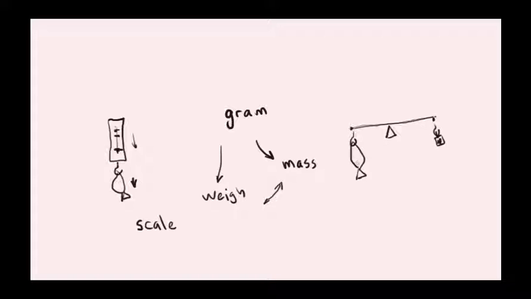You're going to say, well, the mass of the fish is exactly equal to the mass of the weight I have on the other side of the balance. And that's going to be the same whether you're on the surface of the Earth, Jupiter, the moon, or anywhere you go, because the force of gravity is going to operate the same on both sides of the balance. So you could say the fish is going to weigh different amounts depending on how strong gravity is, or you could say the fish is going to have the same mass irrespective of where you are in the universe.